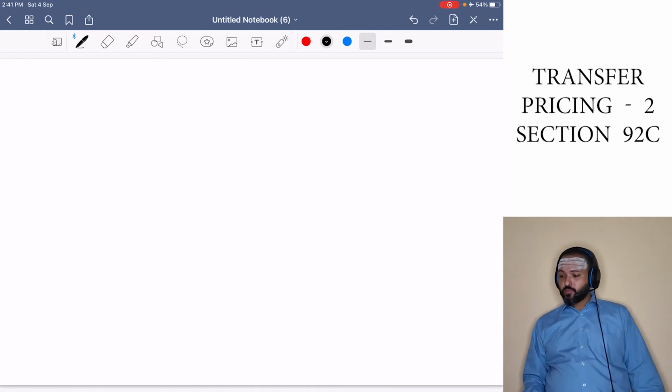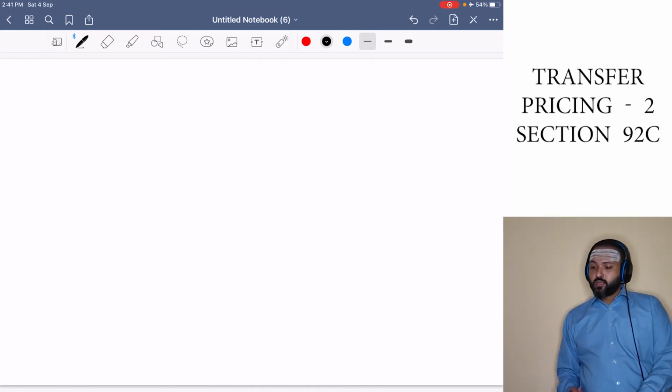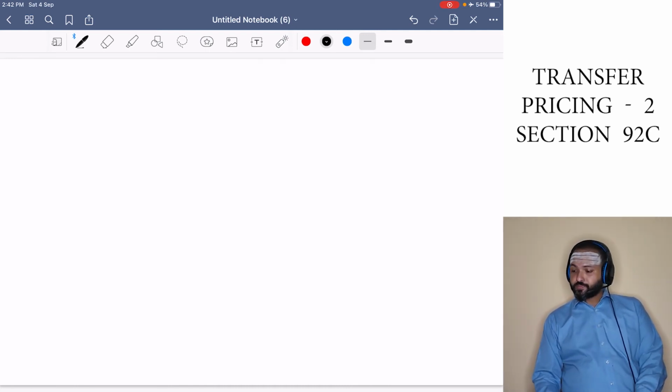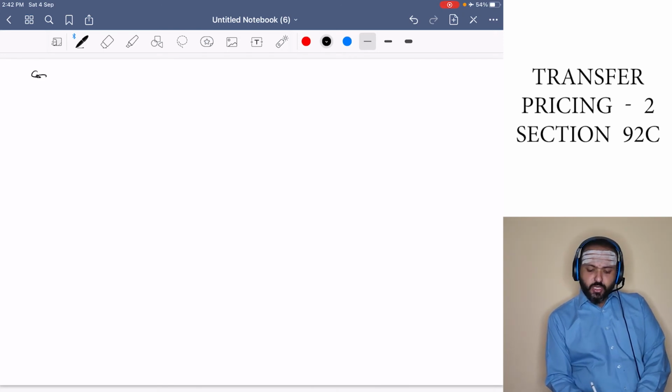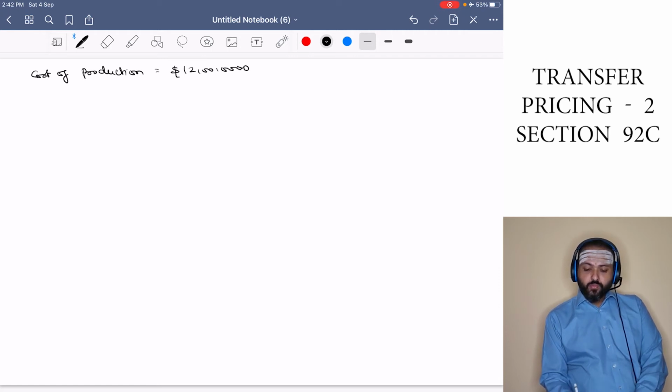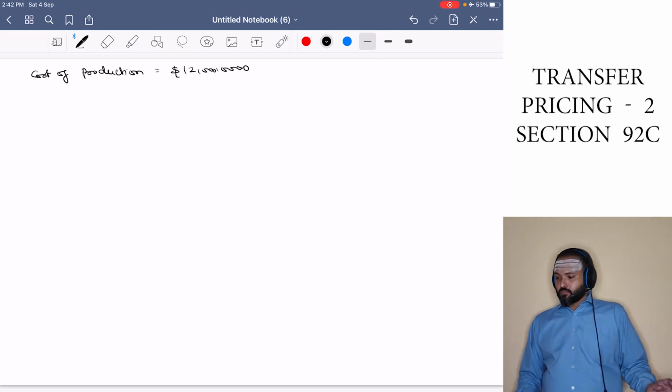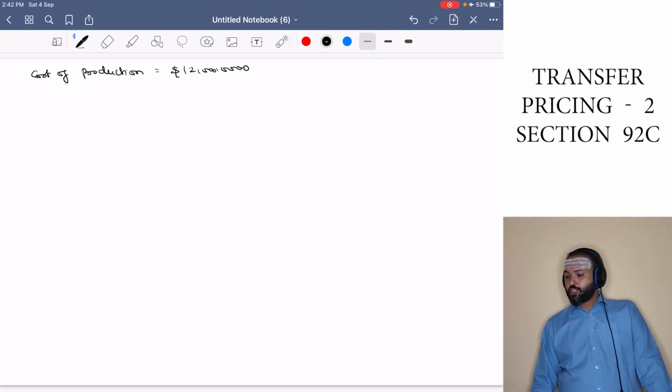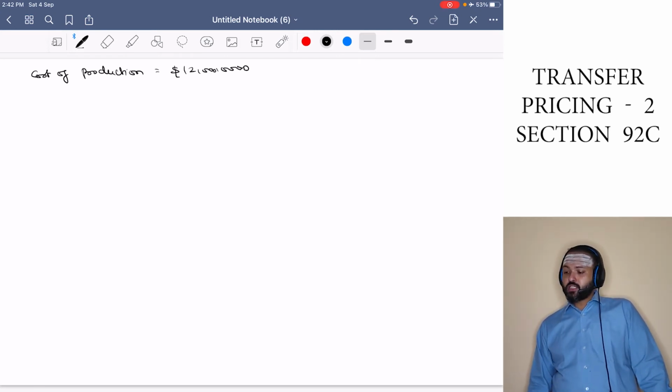Now, what has happened after that? Then, cost of production is equal to $12 million. The contribution ratio in respect of capital employed, risk assumed, manpower, etc. is 50% is to 30% is to 20%.